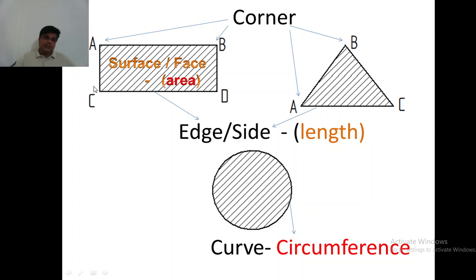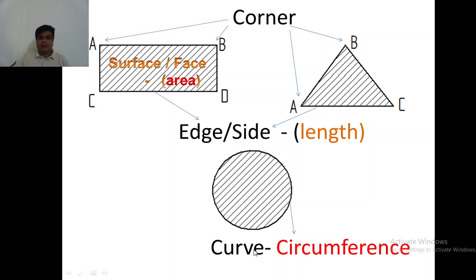Similarly, we have C, which is also a corner, and this is also a corner. So A, B, C, D are the points called the corners of a plane. Similarly, in the case of a triangle, A, B, C are the corners. Usually all the planes will be having corners except the circle. The circle will not be having any corner, right?